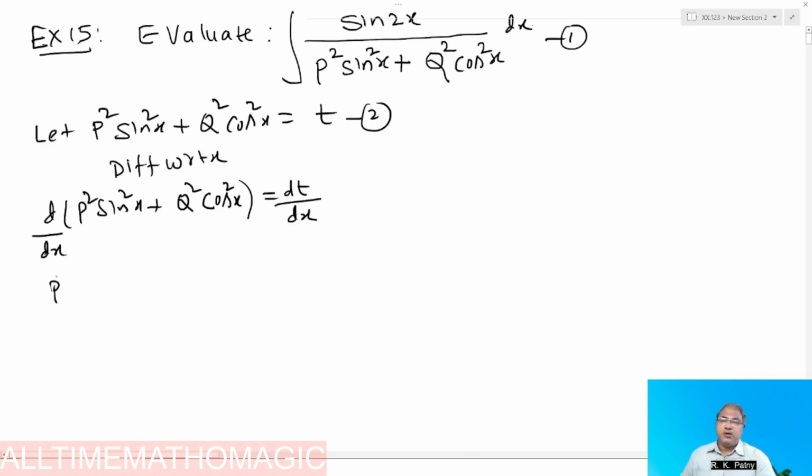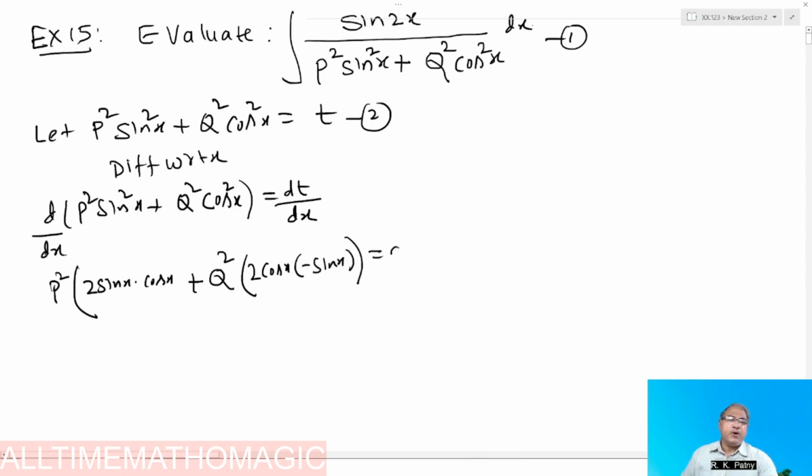This is nothing but p square times the derivative of sin square x, which is 2 sin x into cos x. Here I applied the chain rule. Derivative of q square is q square as it is, times the derivative of cos square x, which is 2 cos x into minus sin x. Here also I applied the chain rule.